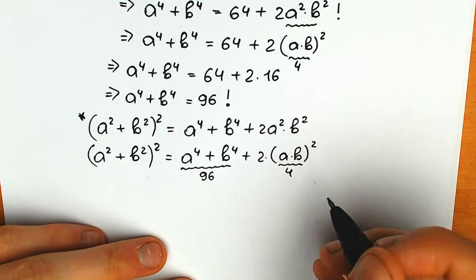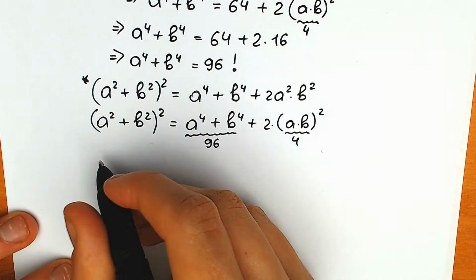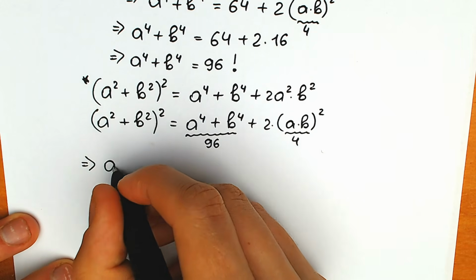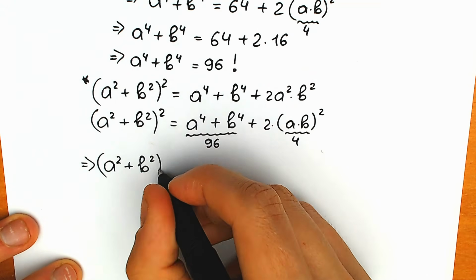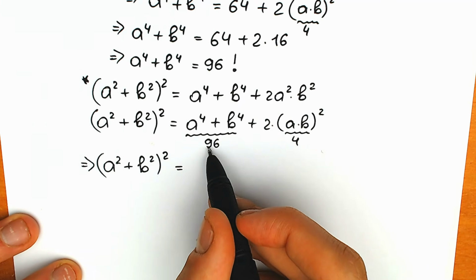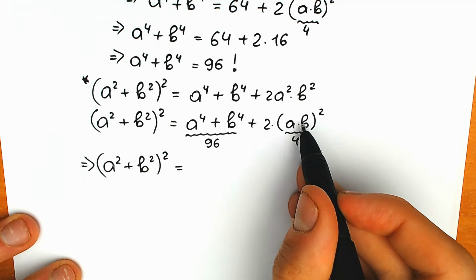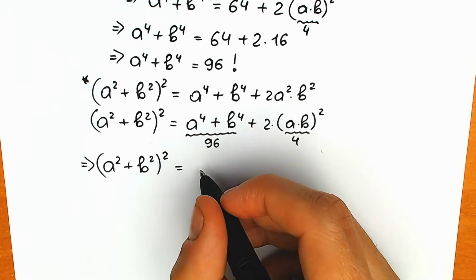So as a result, our sum of two squares, a square plus b square, raised to the power 2 is equal to, what do we have, 96 plus 2 times 4 square, 16, so we have 96 plus 32, so 128.